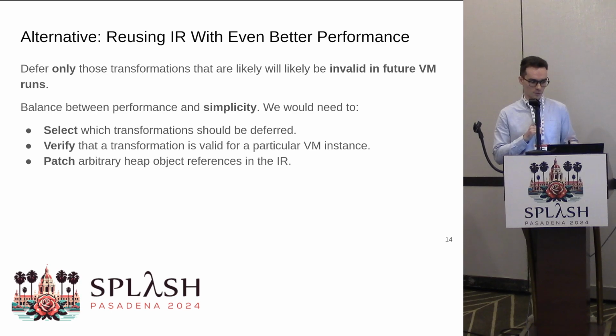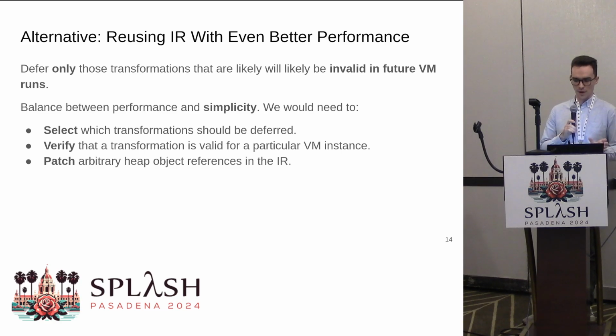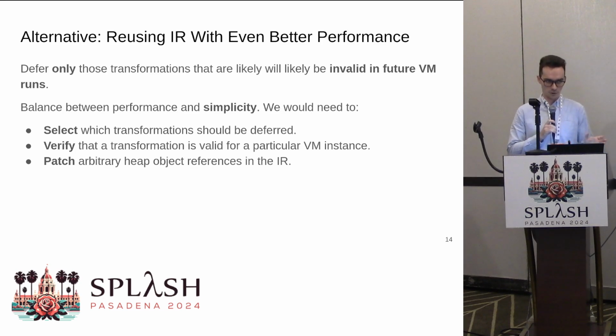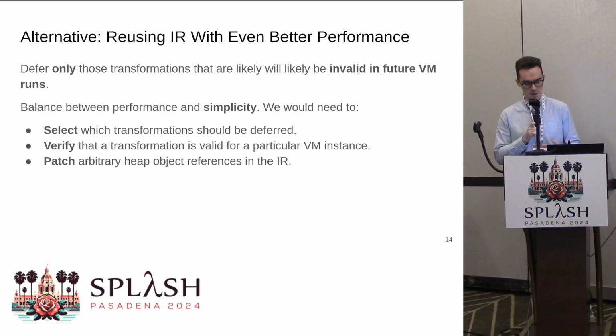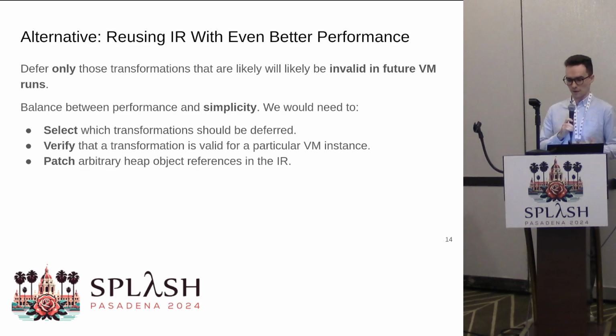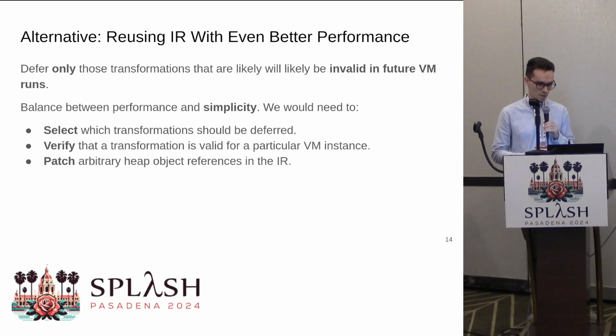But for this to work, we would need to be able to select which transformations should actually be deferred. And we would also need to be able to verify, for all the transformations that were actually performed, so not deferred, whether they are valid in a particular VM instance. And also, now the compiled code could actually reference arbitrary heap objects, so we would need to be able to patch these. So as I said, this could lead to better performance, but there is a trade-off between complexity of the implementation and performance.